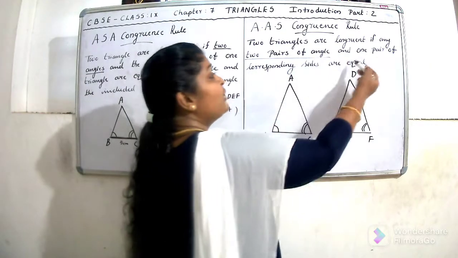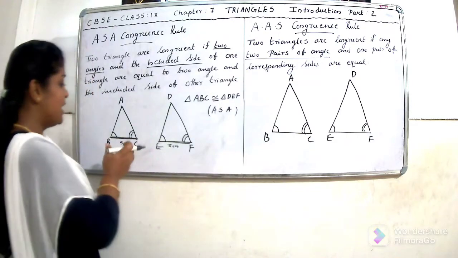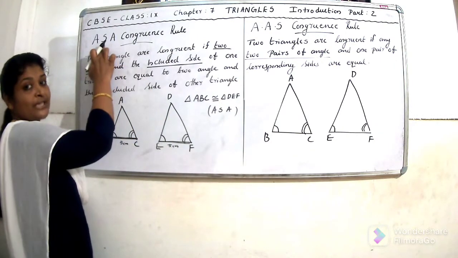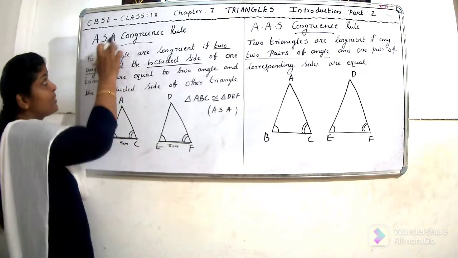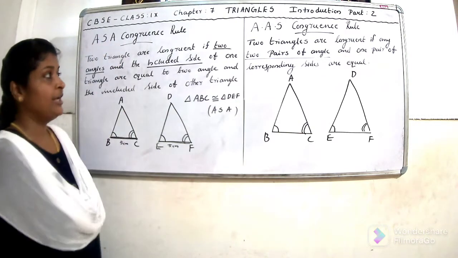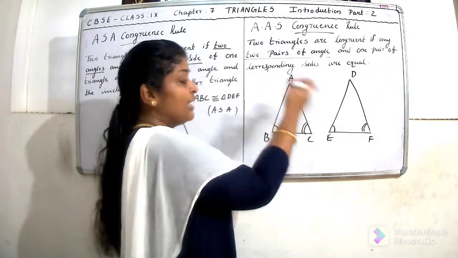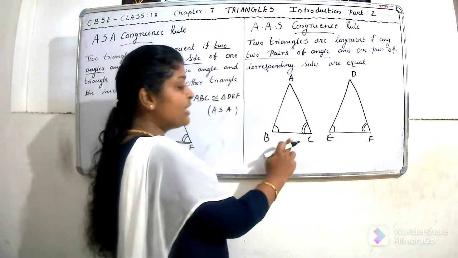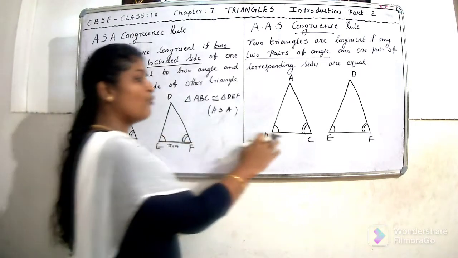Now any one pair of corresponding sides, it is not compulsory which. In ASA the included side is compulsory because the side should be in the middle. That is there in the criteria. Here, angle, angle, side: any one of the sides we can take, no problem, except the included one, since if we take that one then the other criteria is applicable, so we are avoiding this.